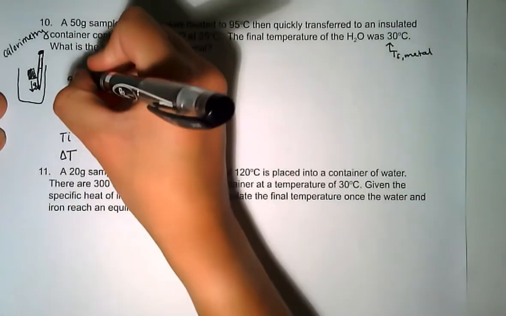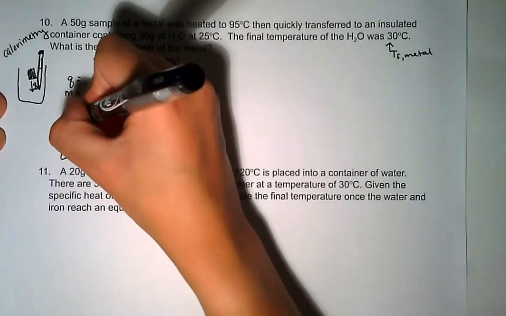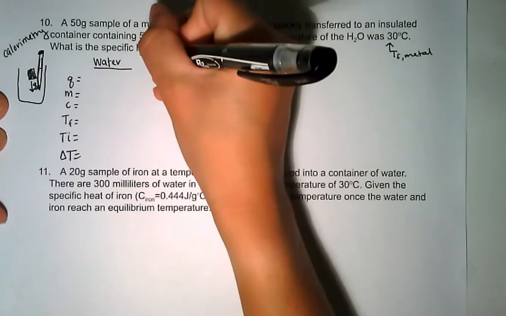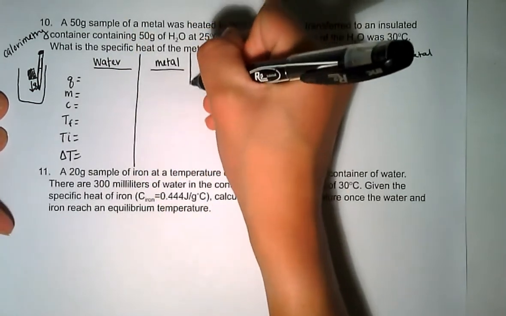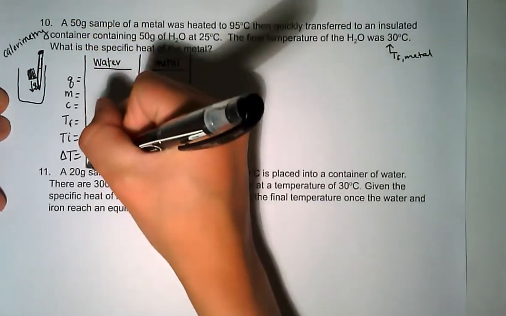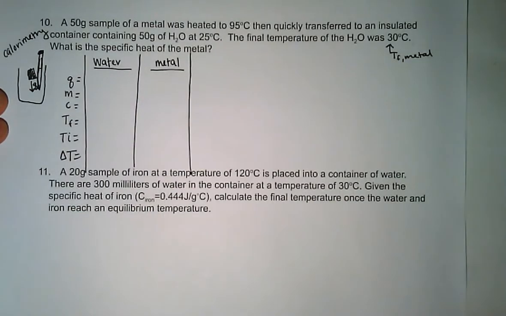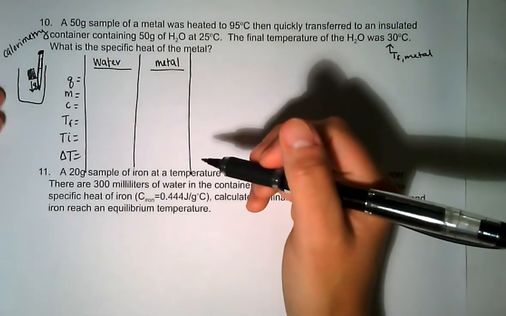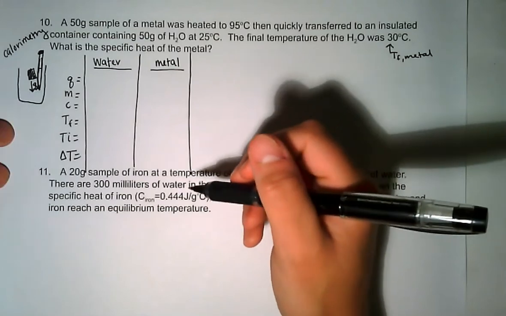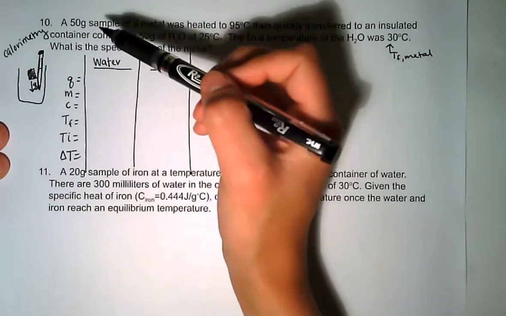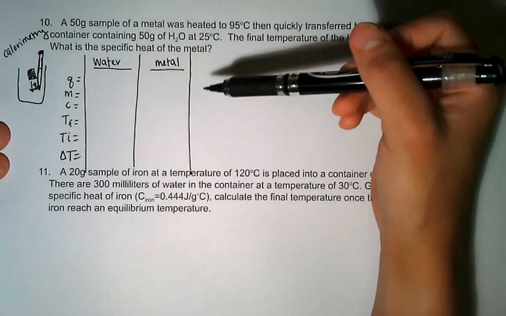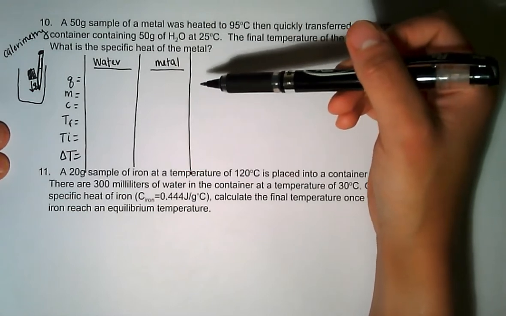And then we also have all those same variables for our metal. So I always like to make a T-chart here to keep track of all my variables, those of the water and those of the metal, and this just helps me stay organized to figure out what I have and what I need to solve my problem. So let's go through the problem and fill in all of the pieces of information we do have.